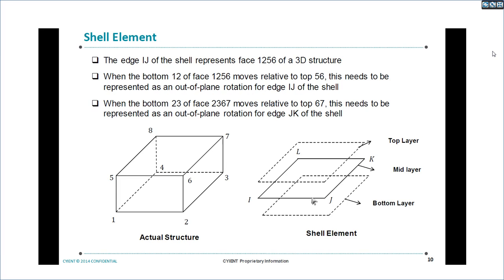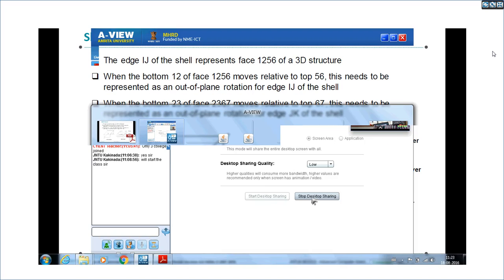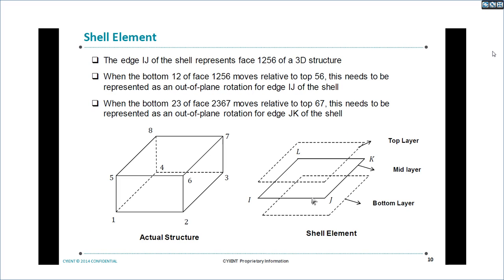At node j, there will be one rotation here, and there will be one rotation here.